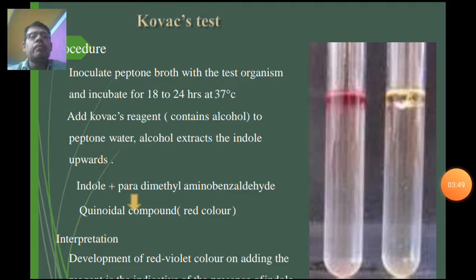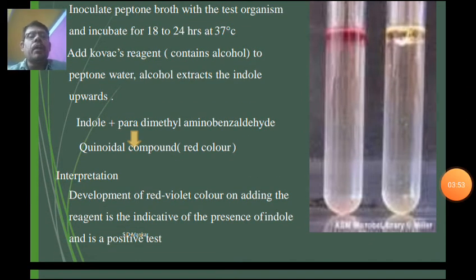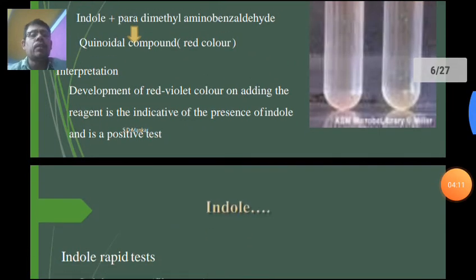The development of a red-violet color on adding the reagent is indicative of the presence of indole and a positive test. Organisms which do not produce indole, like Klebsiella pneumoniae, will be negative.